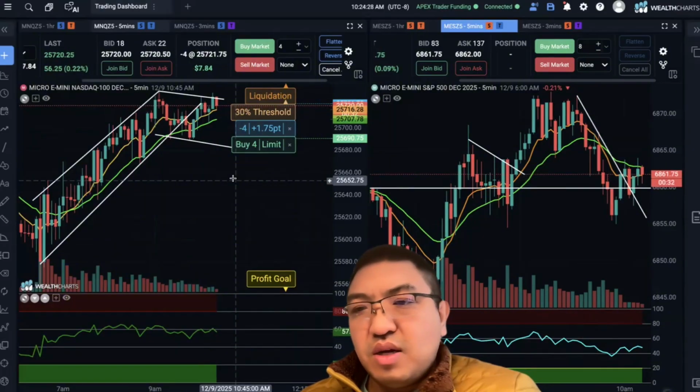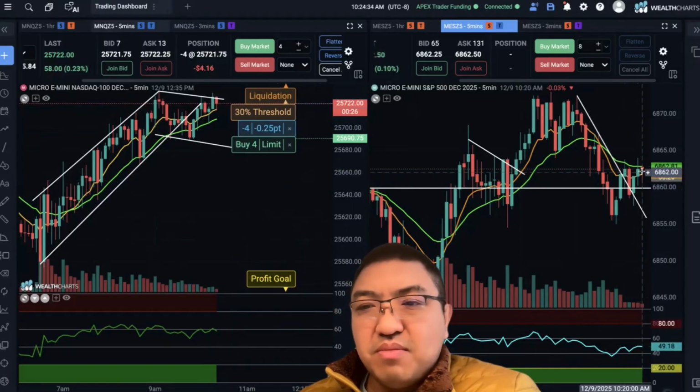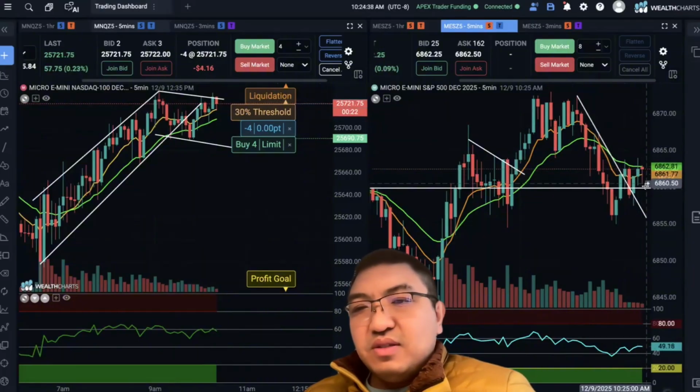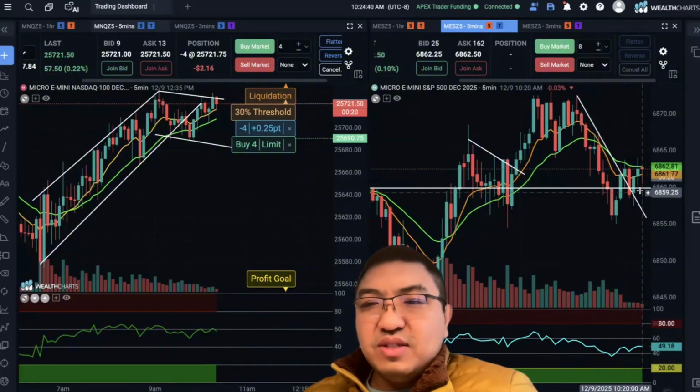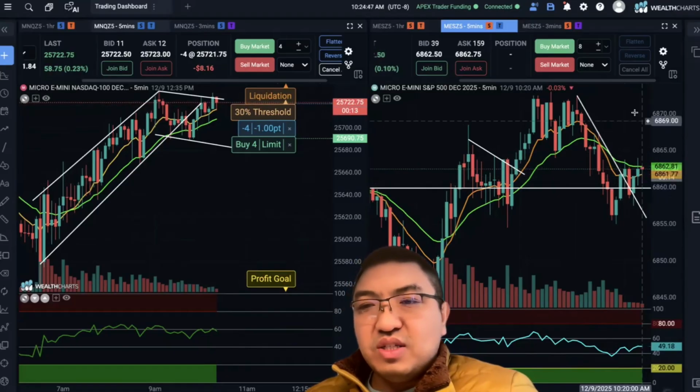Okay, yes, it just got rejected. Oh, rejected. I don't like to see this. But yes, it just got pumped back up. Keep going up. I don't like to see this rejection, which means that the EMA is an effective defense for the price action.